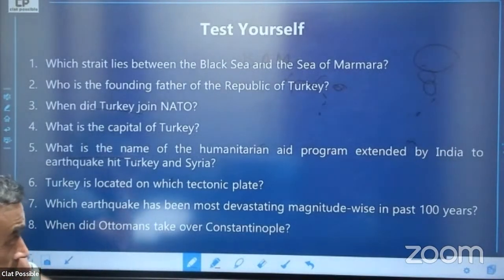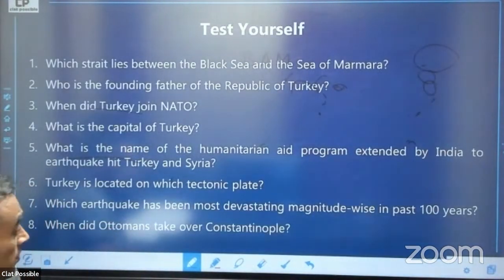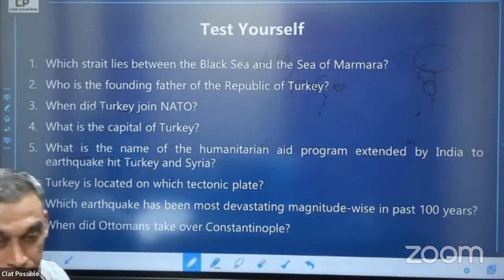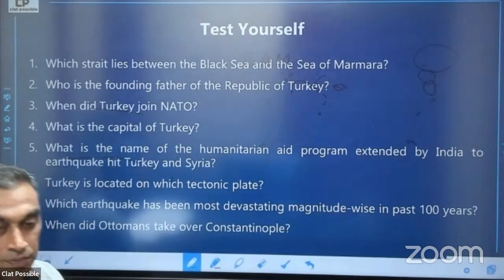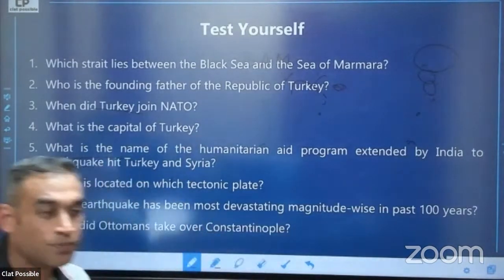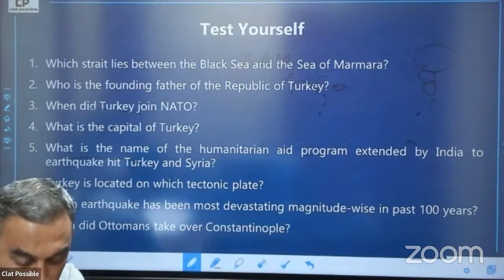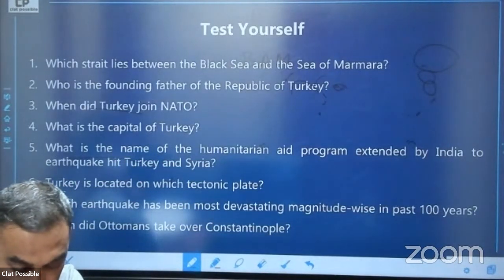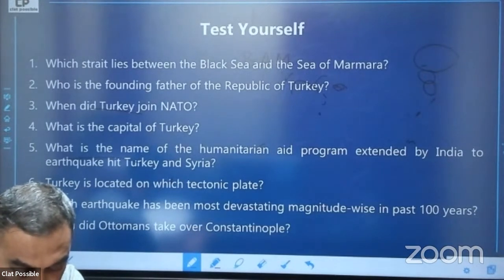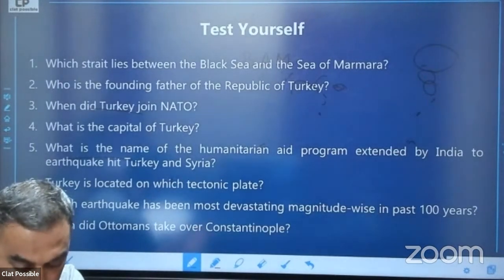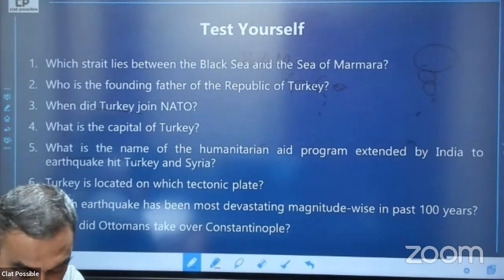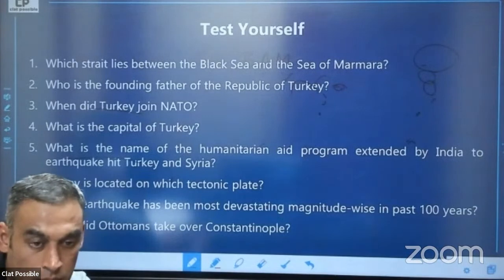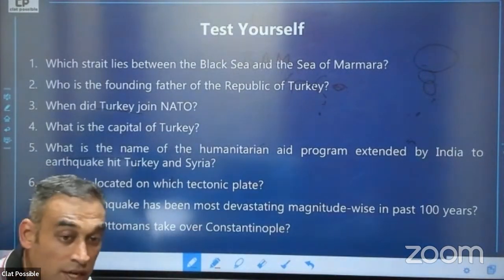Which earthquake has been most devastating in the last 100 years? The most devastating earthquake.